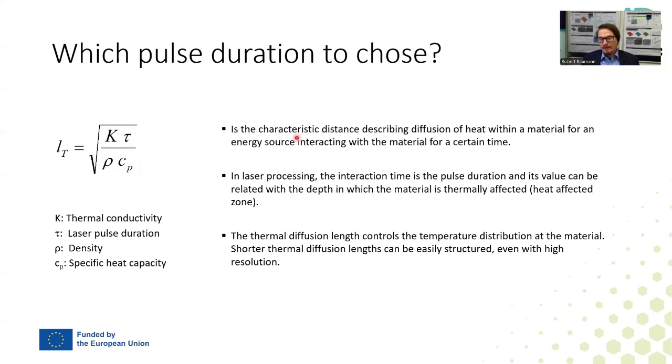So in general, this is the characteristic distance describing the diffusion, so the heat conduction into your system. And in laser processing, mostly this heat conduction leads to a change in the material, the so-called heat affected zone, where you have, for example, a grain refinement or the grain structure is changing within that.